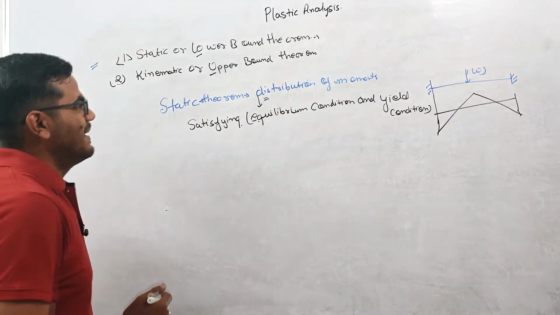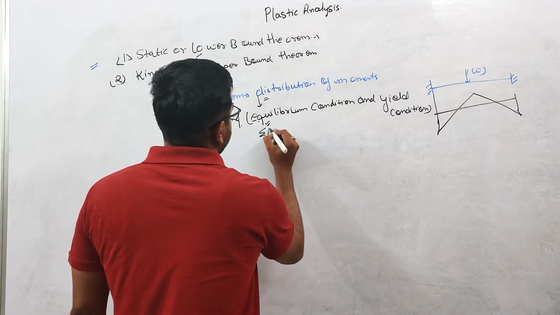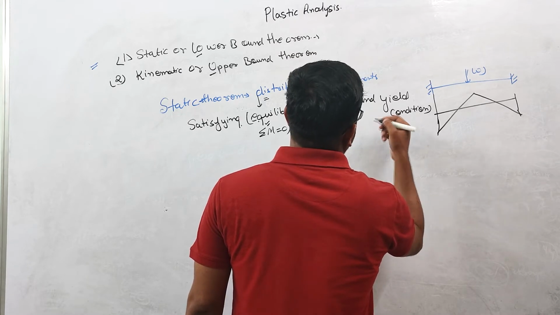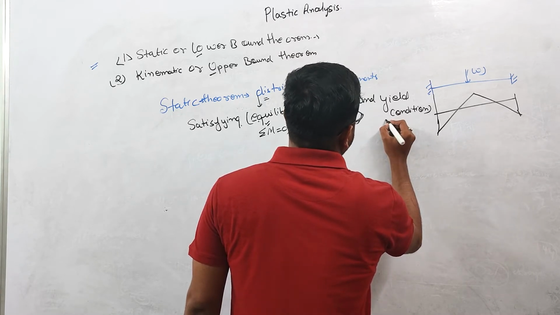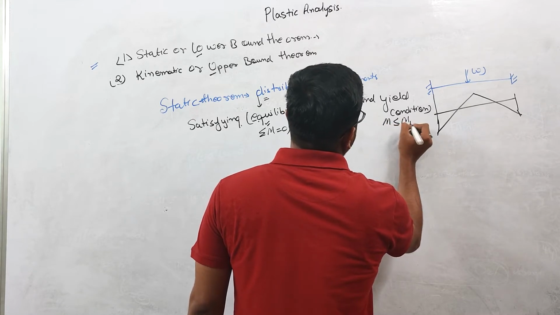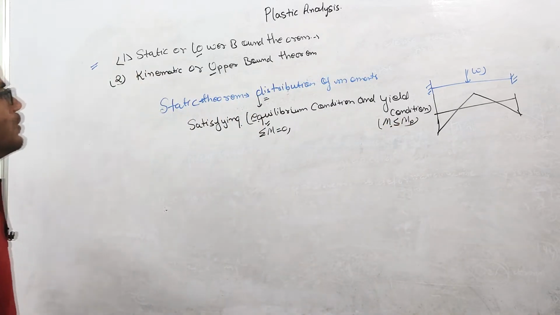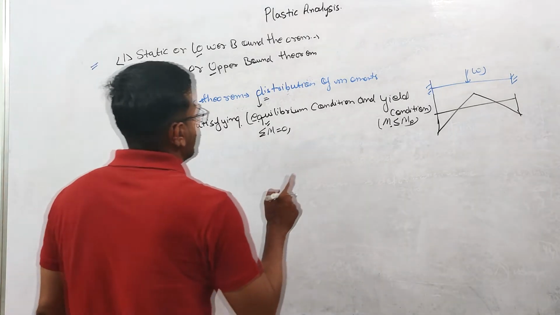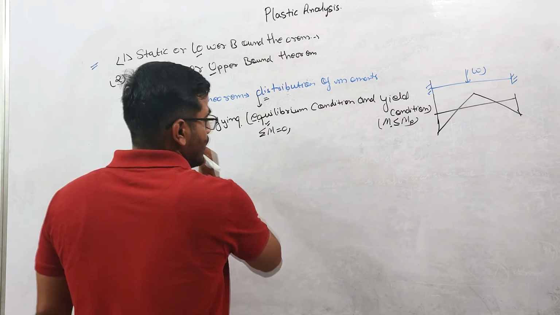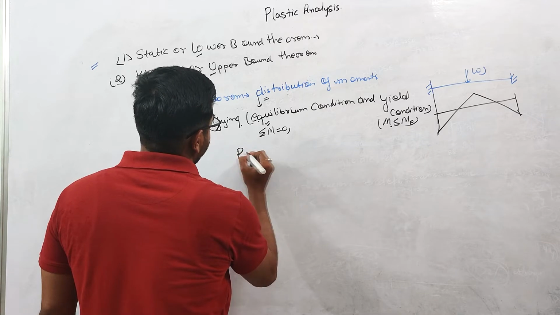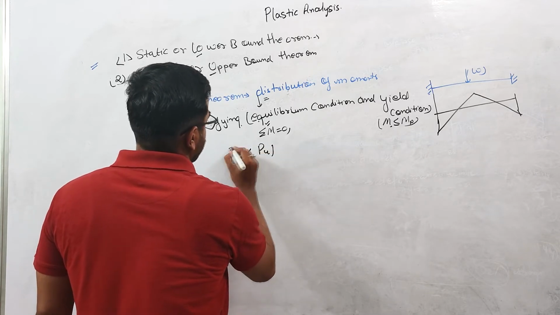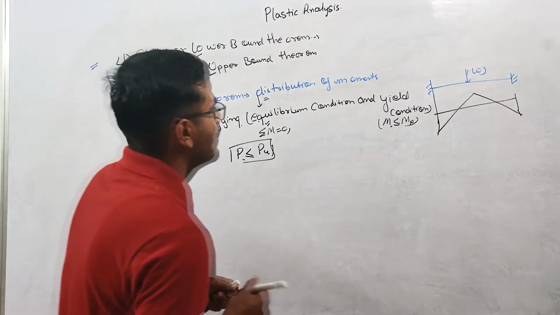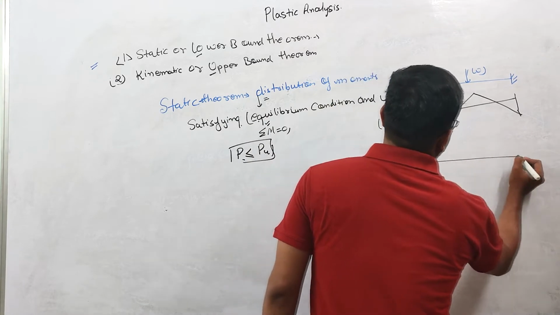If this distribution of moment is satisfying the equilibrium condition, which is summation M equals 0, and the yield condition, which is nothing but M should be less than Mp, then the load satisfying these two conditions will always be less than the true collapse load.